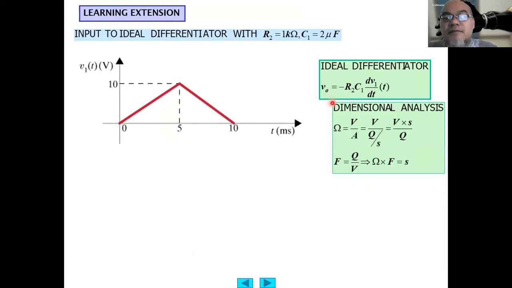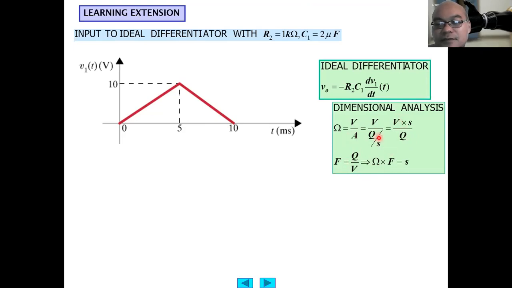From dimensional analysis, ohm is volt per ampere, or volt over coulomb per second, so ohm equals volt second per coulomb. Farad is from the capacitance law, C equals Q over V, or coulomb over volt.